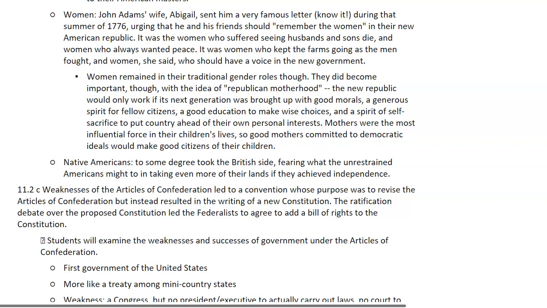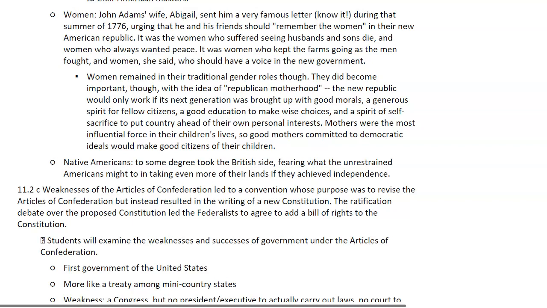Well, it doesn't happen. Women remained in their traditional gender roles. They did become important, though, with the idea of Republican motherhood. This is small r Republican, not the political party. This idea was that the new republic would only work if its next generation was brought up with good morals, a generous spirit for fellow citizens, a good education to make wise choices, and a spirit of self-sacrifice to put the country ahead of their own personal interests.